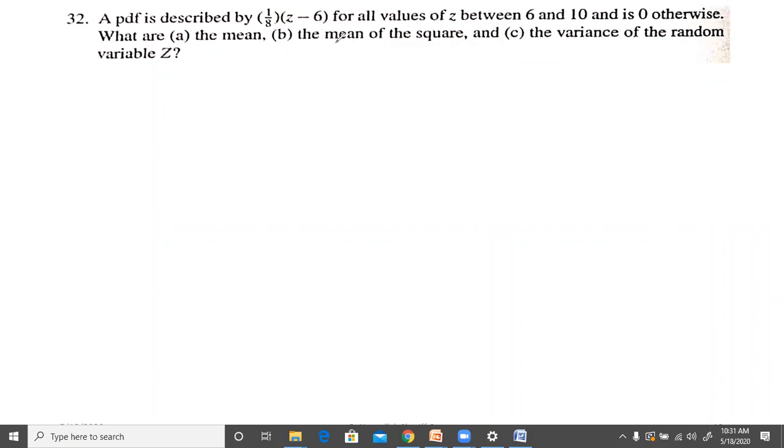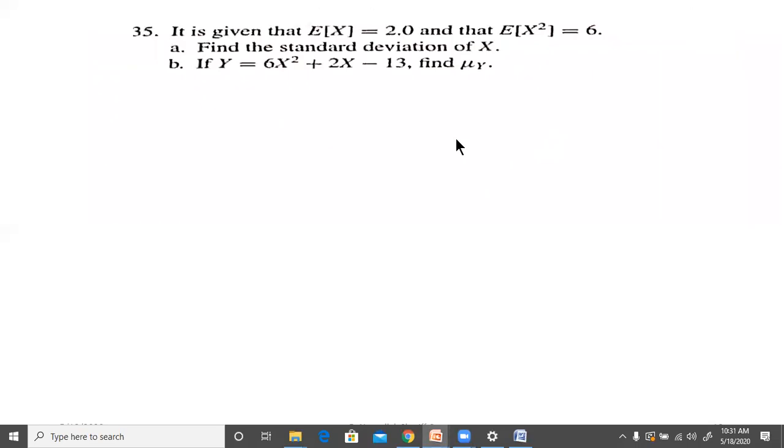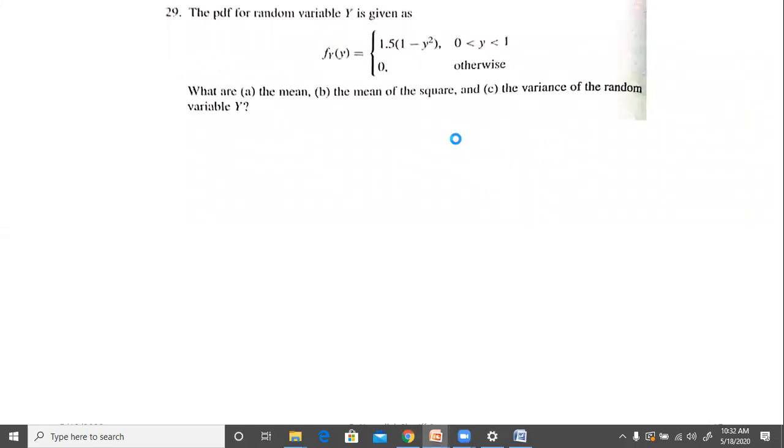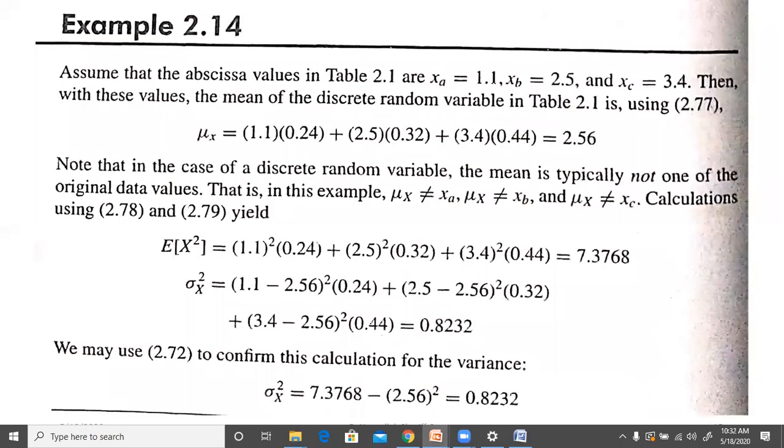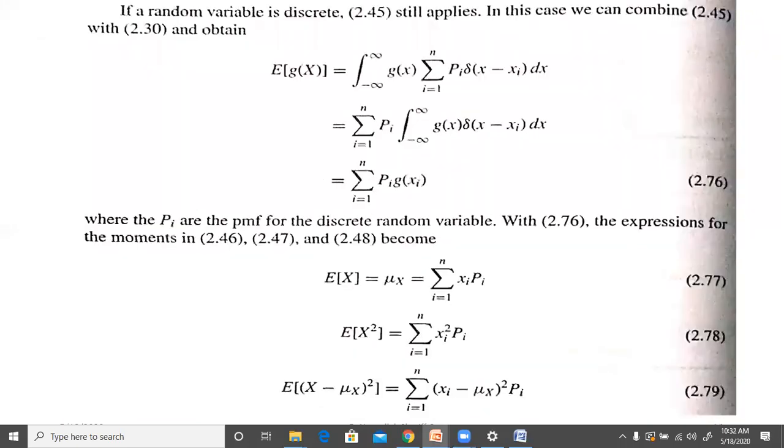What is the value of the mean, what is the value of the mean of the square, and what is the value of the variance of the random variable, right? So I'll stop the annotation here. We'll see the formulas for mean and square for the discrete case which we have considered over here.